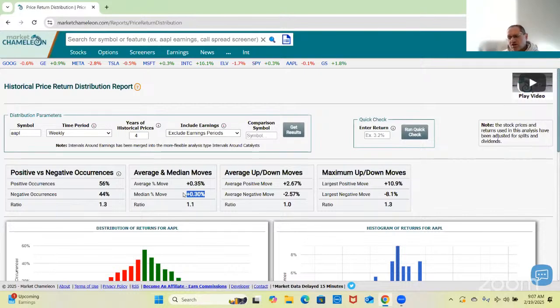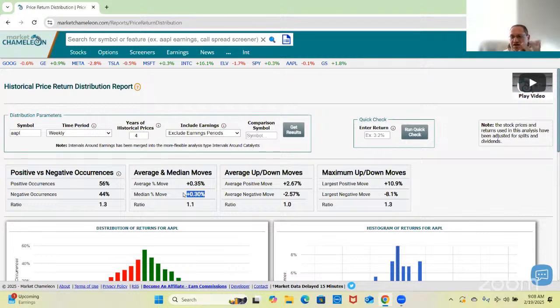What this is saying is week to week, meaning that you would reset every week on every Friday to be an equal or constant notional value at risk. In other words, if the stock went up, you would sell. Let's say you wanted to risk $1,000 of Apple every week, right? That was the strategy.